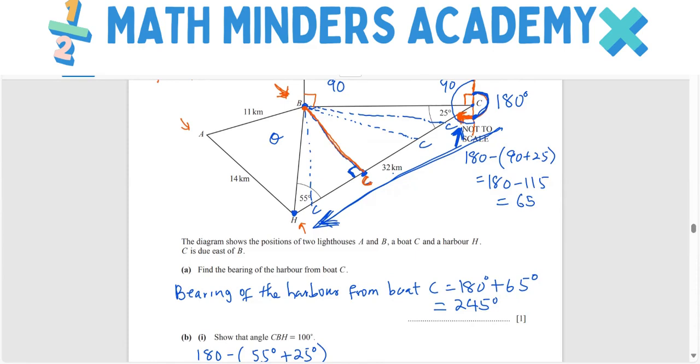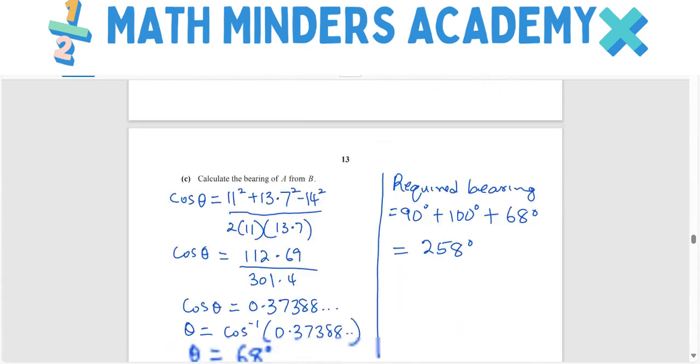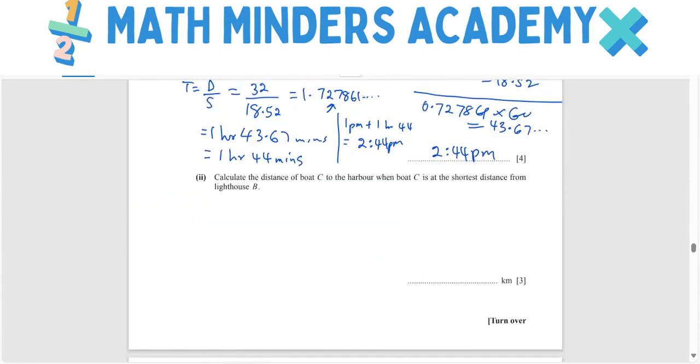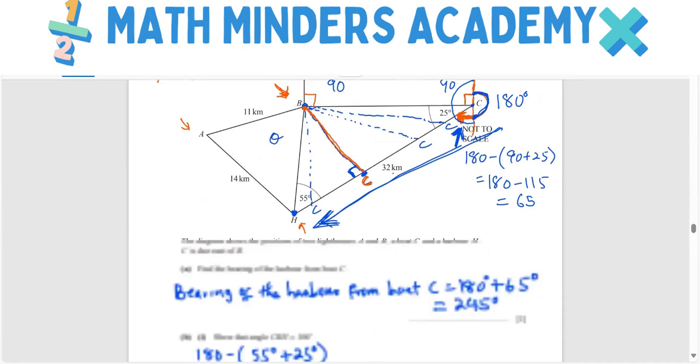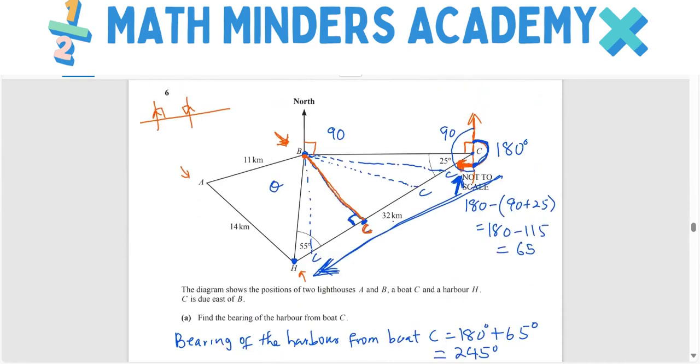Now go back to the question. What we are looking for is the distance of boat C to the harbor when it is at the shortest distance from the lighthouse. So we are looking for this distance from point C to point H. Remember also that this is 13.7 and this is 55 degrees.